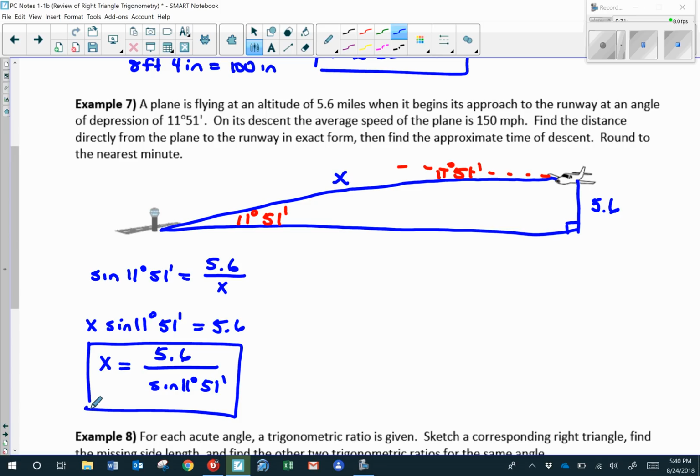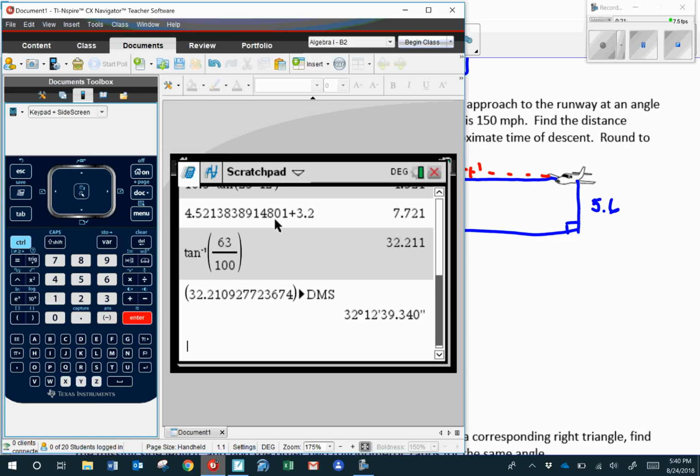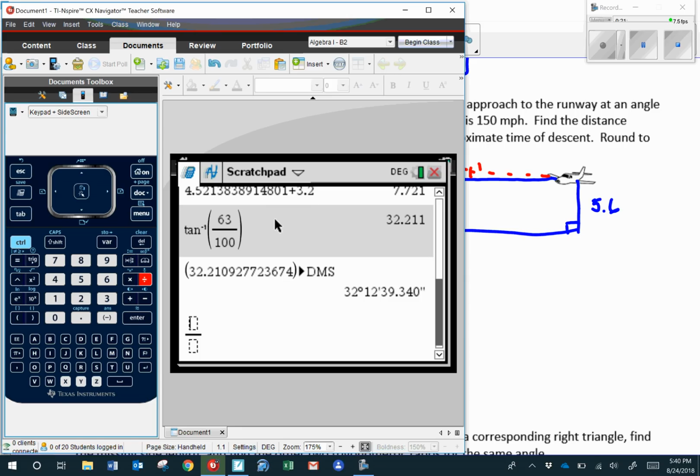And then we're asked to approximate the time of descent. In order to approximate the time of descent, we need to know how far it is that the plane is flying. So let's go ahead and get an approximation on that distance that the plane is flying in between its position now and the runway. So we need to type in that expression, which is 5.6. And to be safe, I should probably use a division template or a fraction template.